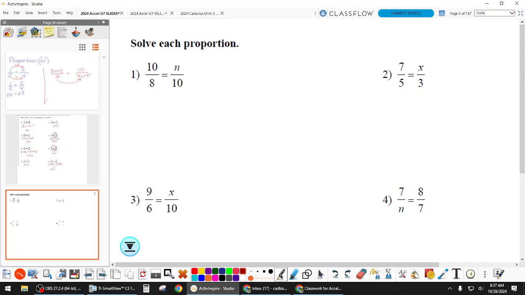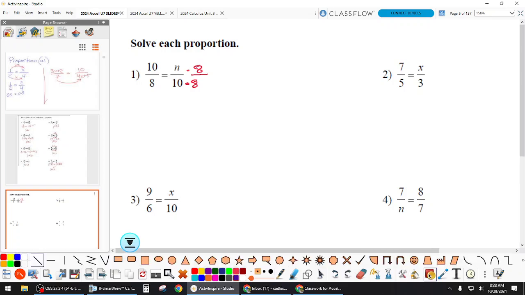Okay? So I feel like we've talked about this, so maybe take cross products, which means diagonal products. Guys, the theory behind this is if we set the denominators equal, so let me move those green x for a second. I would need to multiply this one by 8, and of course the numerator by 8 to keep it equivalent.